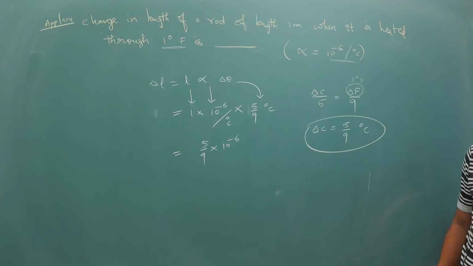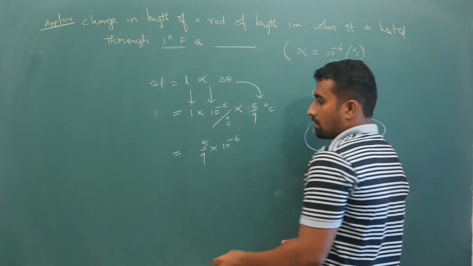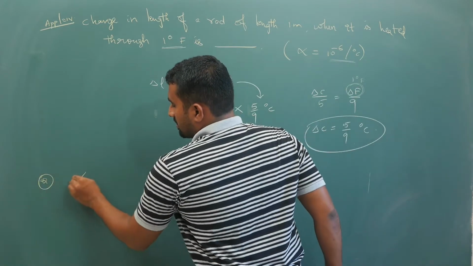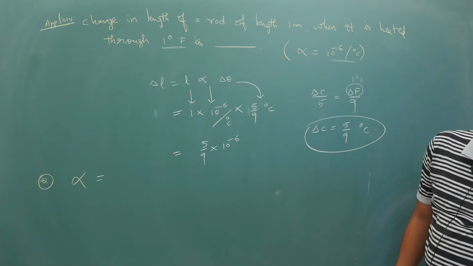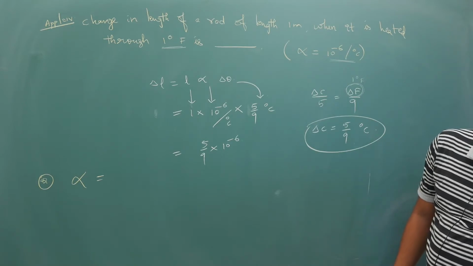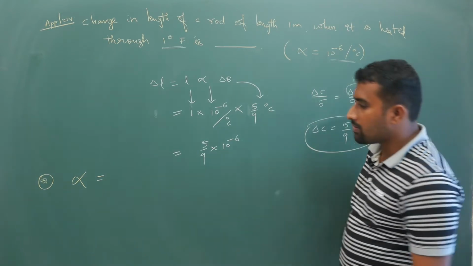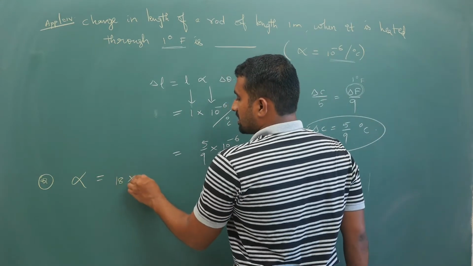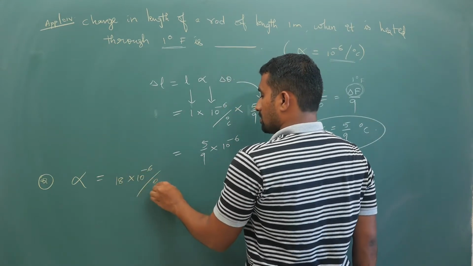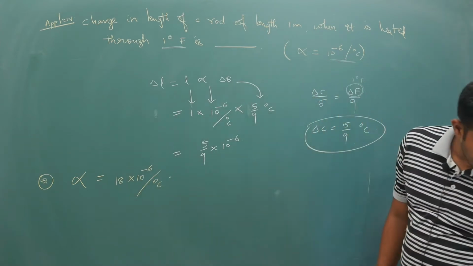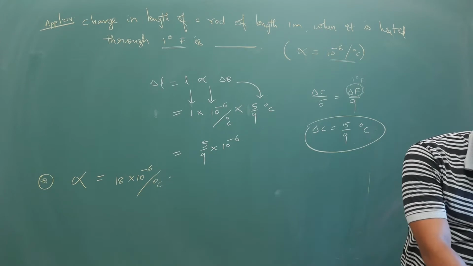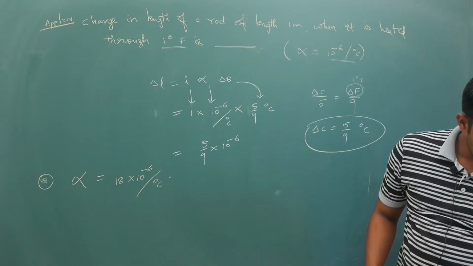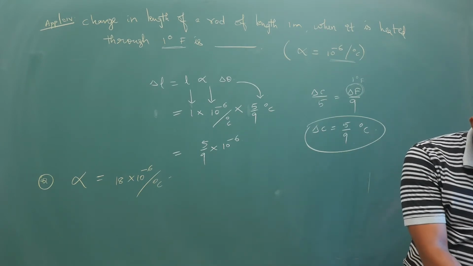Next question. Alpha of a material is equal to 18 into 10 power minus 6 per degree centigrade. What is your question?